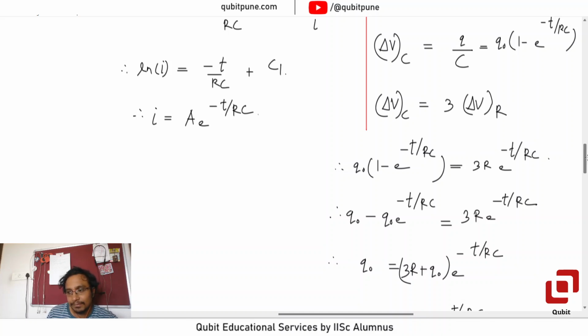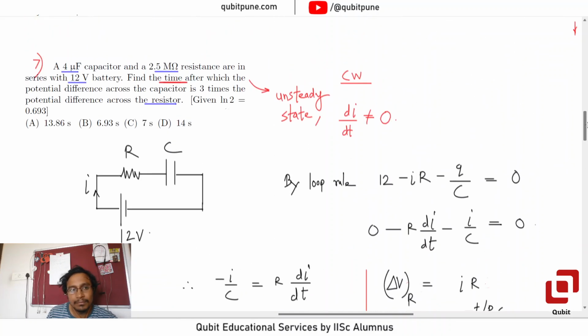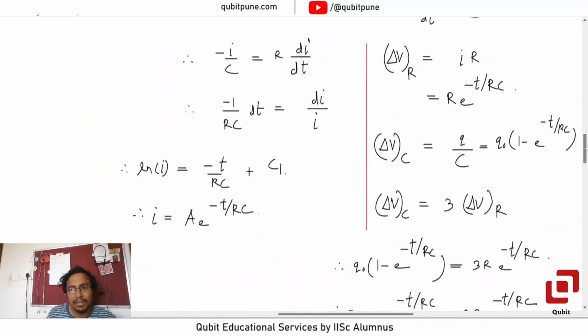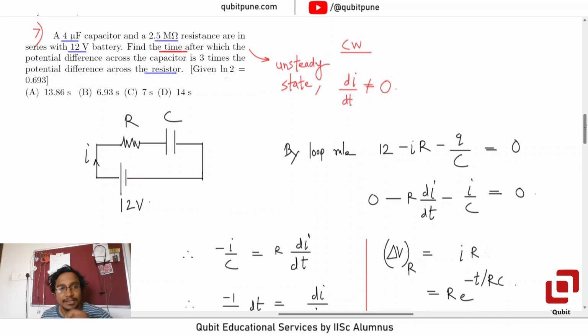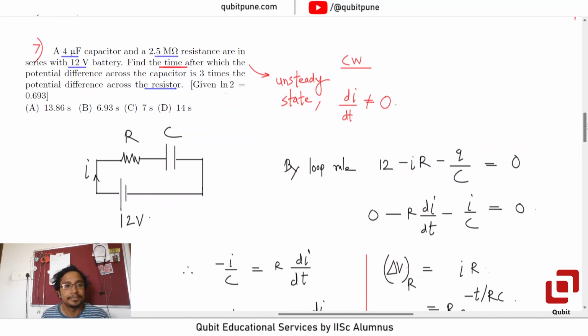So Q naught is the charge on the capacitor at steady state. No, it's not steady state, it's the initial condition, right? No, Q naught is the peak. Oh yes, peak charge, that will be at steady state. Okay, how much will you take for the steady state charge then?